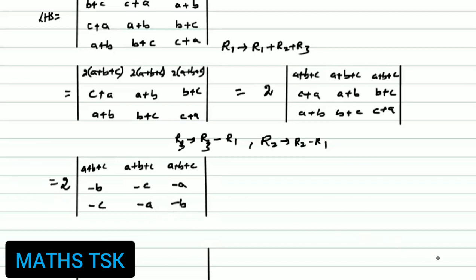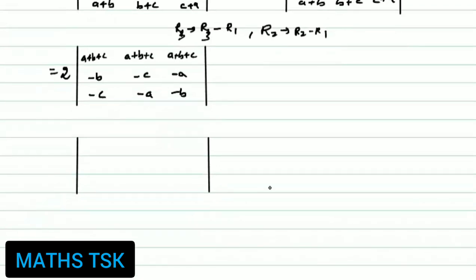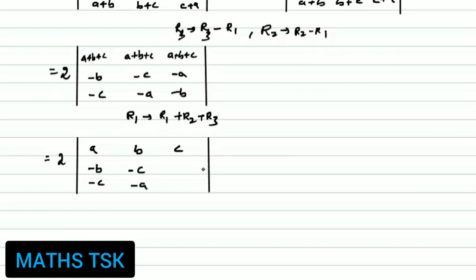If you take the minus in the second row and the third row, what will you get? Else 2 into, look here, R1 tends to R1 plus R2 plus R3. What is the value you get? You add all these things, a, b, c, then minus b, minus c, minus c, minus a, a, b.